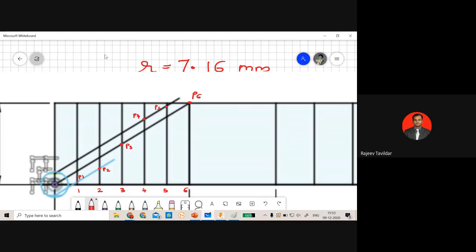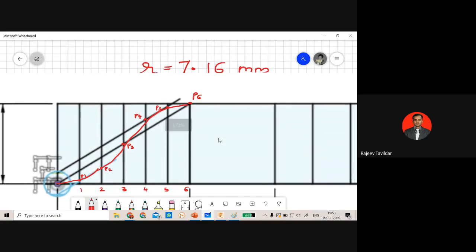Okay, so these are P1, P2, P3, P4, P5, and P6. You will have to join them by a smooth curve. Something like this. So a smooth curve has to be joined from P1 to P6.